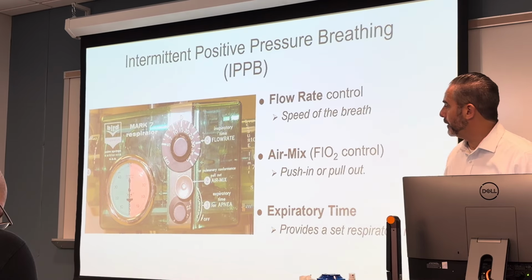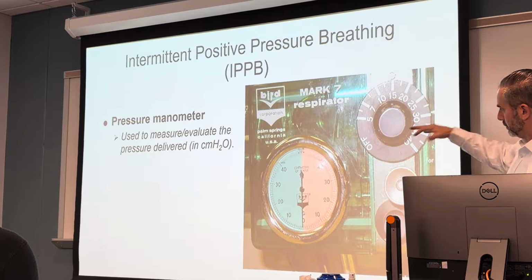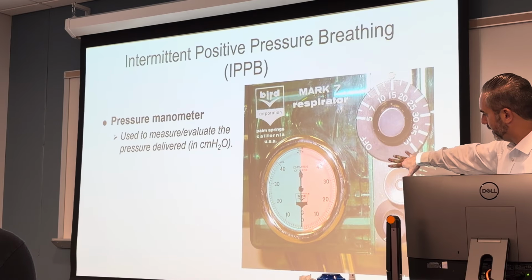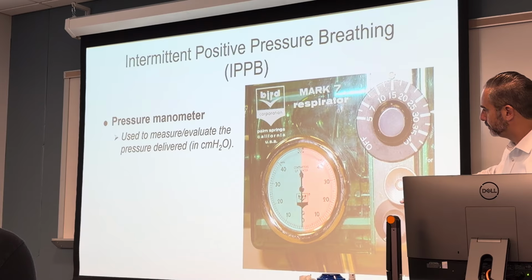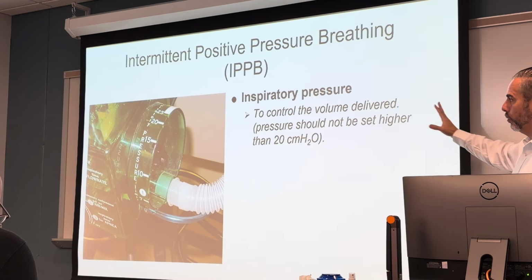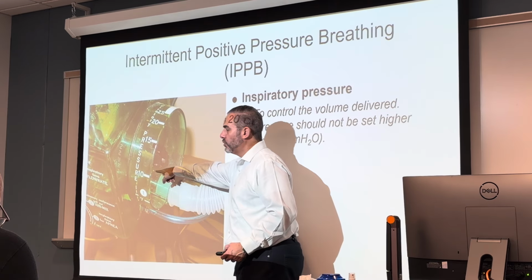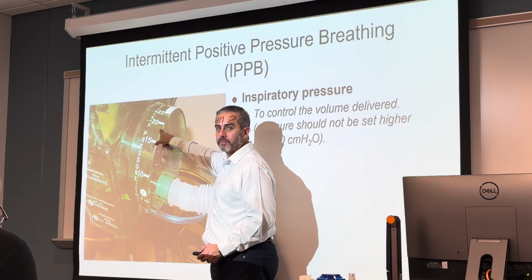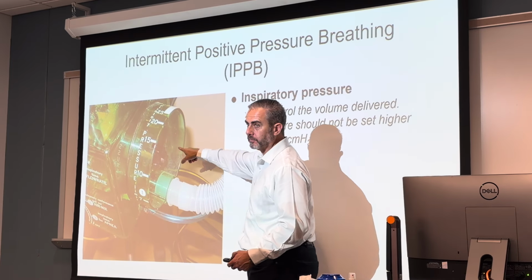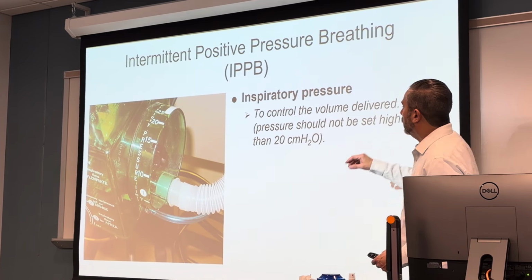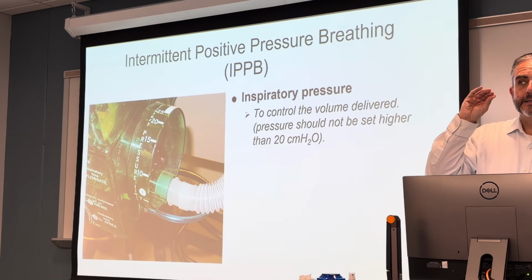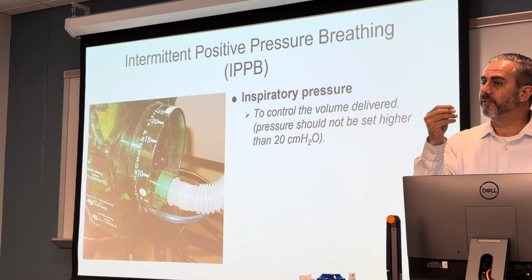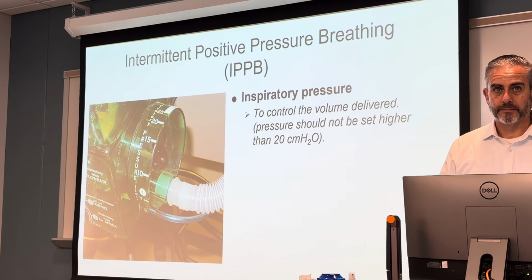All right, so how do you set that pressure? There was the gauge, there's the pressure manometer, sorry, I forgot I had a zoomed in picture of it. But on the far right of the machine is where you set the pressure. This is how you control the volume being delivered.